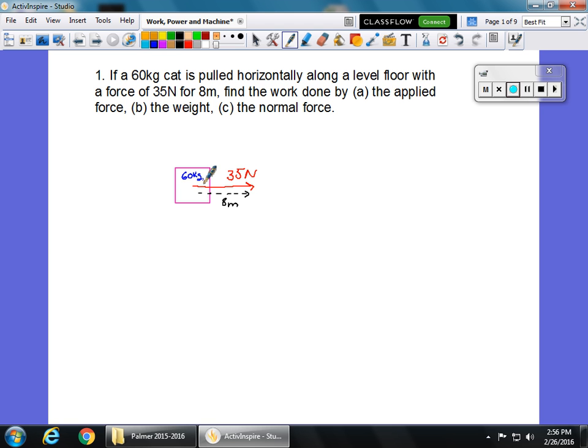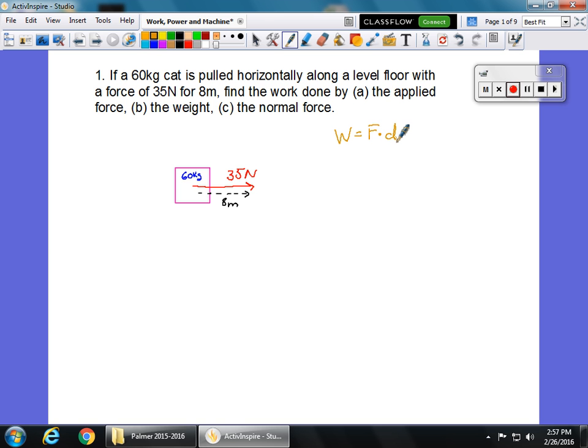So our equation for work is equal to force times distance. Right? And in this case, if we're using our simplified work problem, the force must be in the same direction as our distance, as the motion.